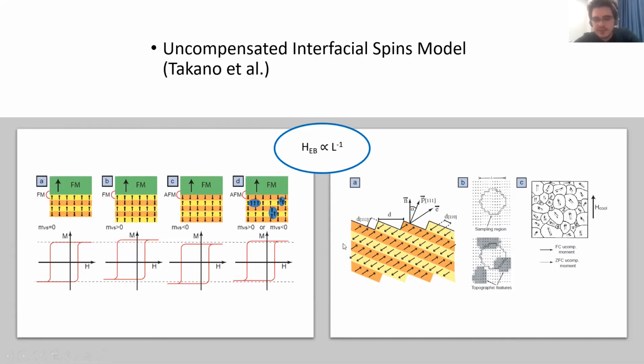They also say that these uncompensated spins can be created because of a non-parallel surface normal with the lattice plane. This angle can create these uncompensated surfaces, and they also found this equation, theoretically, that exchange bias is proportional to 1 over the grain diameter.